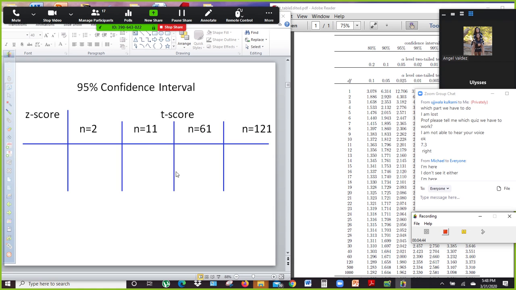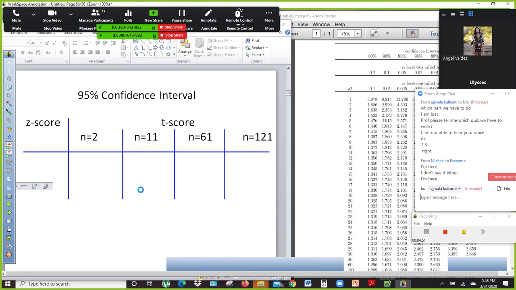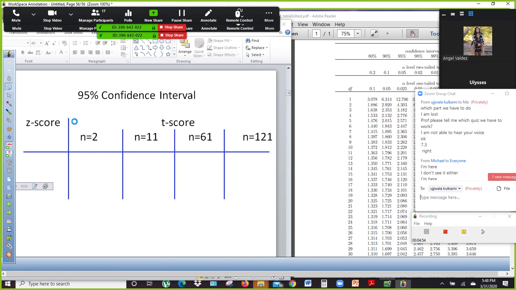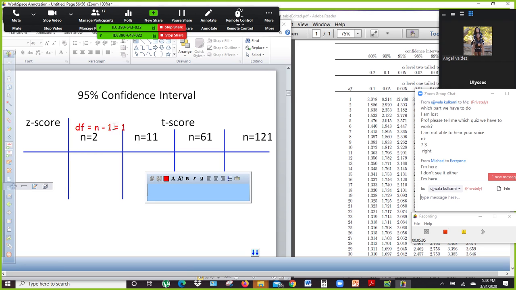So let's get back to where we were. So here we've got n is 2. When n is 2, what's my degrees of freedom? 1. Yeah, so degrees of freedom again is equal to n minus 1. So that would be 2 minus 1, 1. Everybody on board with that part?